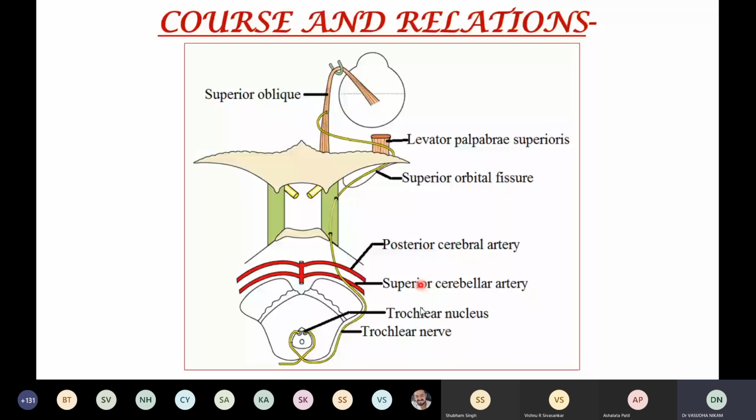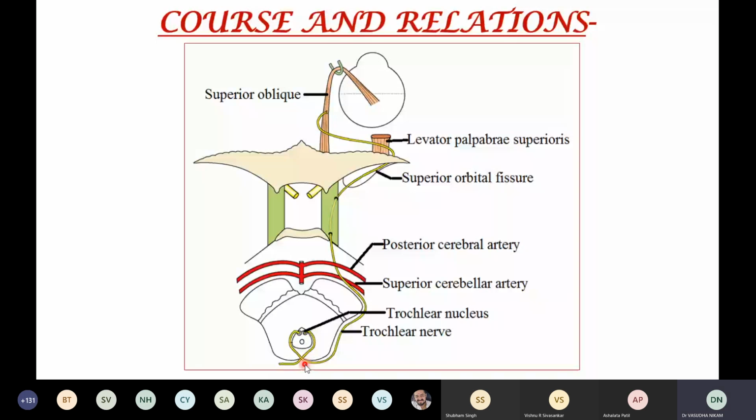Now the trochlear nerve arises from this trochlear nucleus. We have seen the oculomotor nerve goes straight forwards, but here you can see the nerve comes by encircling the periaqueductal gray matter and emerges on the posterior side of our brainstem. Here, the nerve decussates at the level of the superior medullary velum, which is nervous tissue forming the roof of the fourth ventricle.